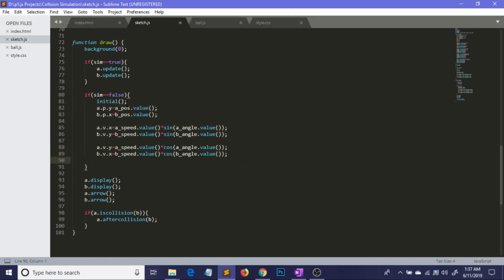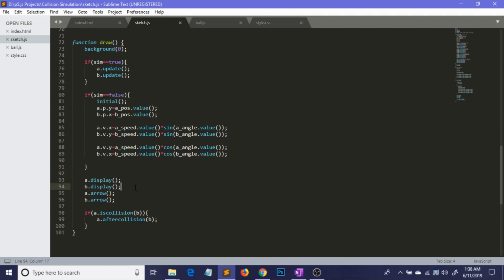And in the false state, that is in the steady state, we can update the positions only by the sliders. We can change the velocities only by the sliders. We can change the angles only by the sliders. No effect of the other ball will be observed here, because in the steady state there will be no collision. So that is important.